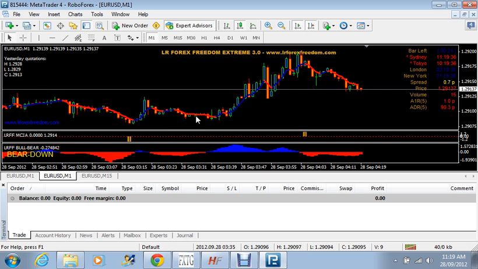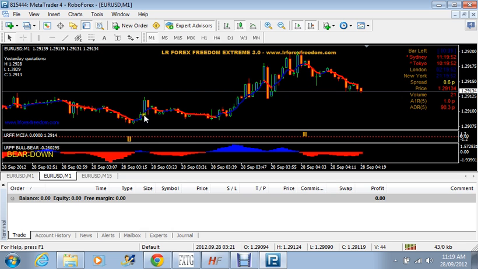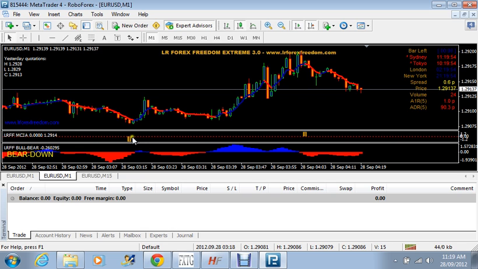You'll see the red and blue lines in here, gold bars in this one, and red and blue bars in this one. In this example here, basically when you see a blue line, a gold bar, and a gold here, that's when you go in.